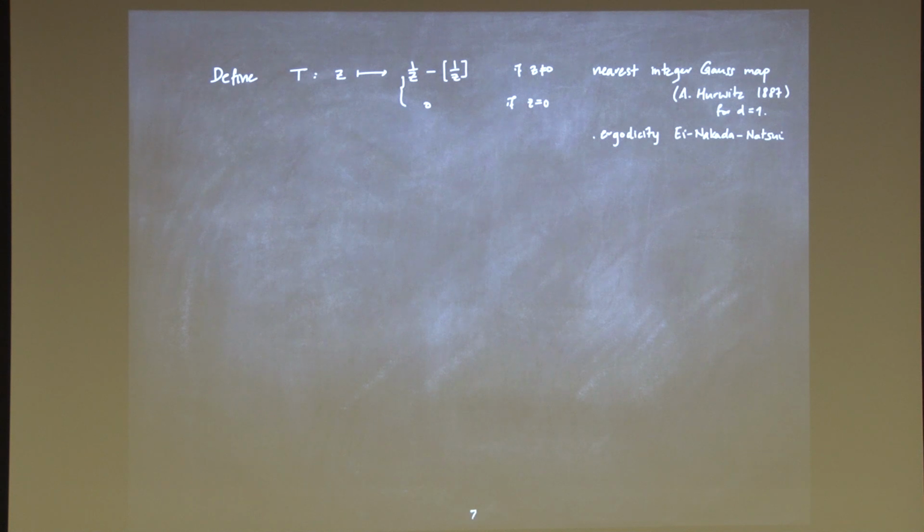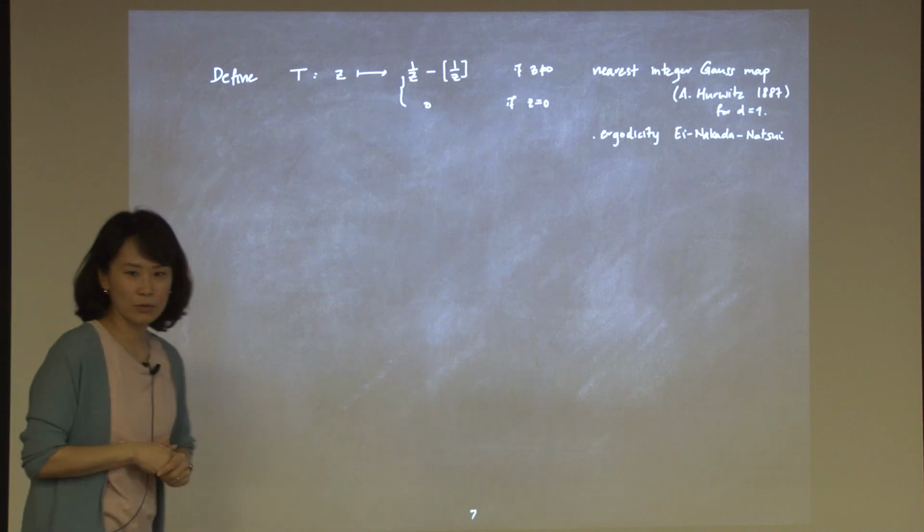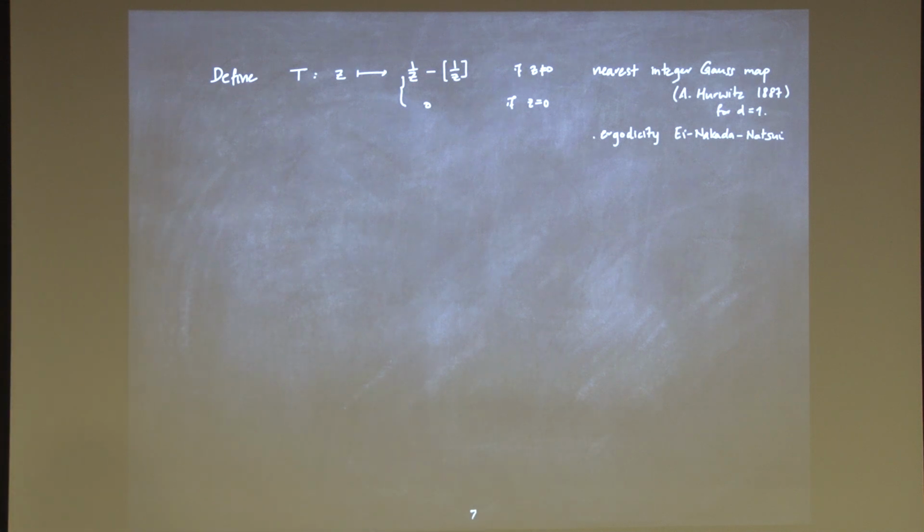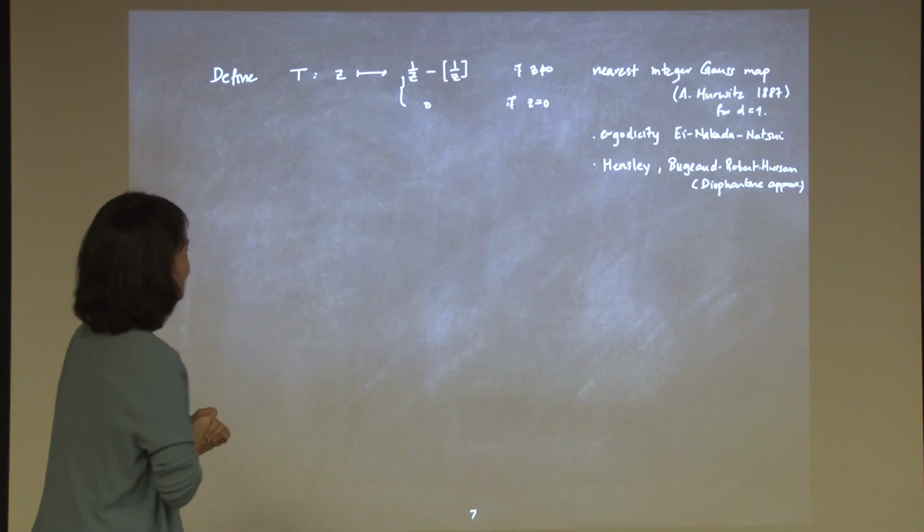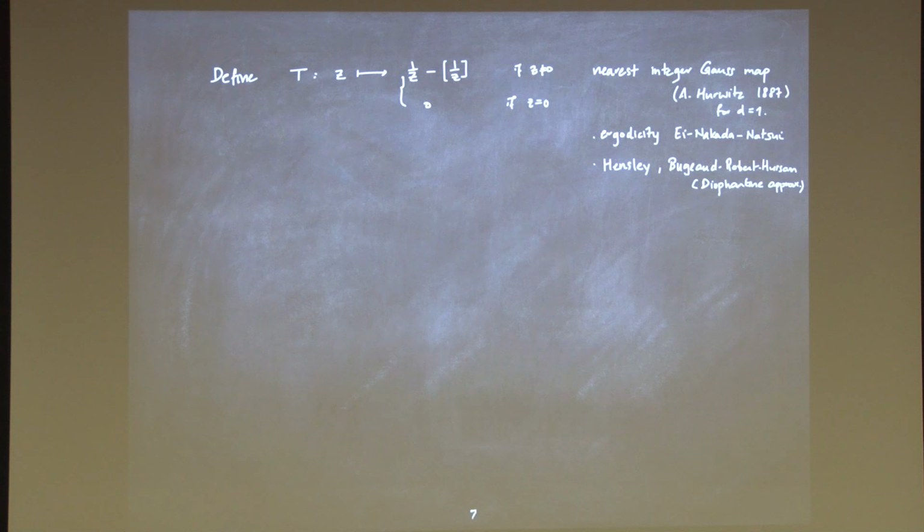More recently, it was studied by Nakada and Natsui, and they showed that it is ergodic. They also showed that the invariant measure is absolutely continuous with respect to the area, the usual Lebesgue measure, Haar measure. And it was also studied by Hensley, Bujold, and Hurston, about metric Diophantine approximation.